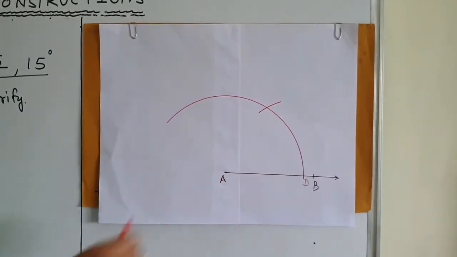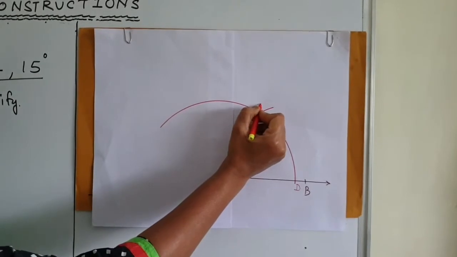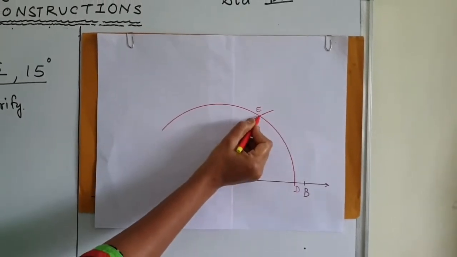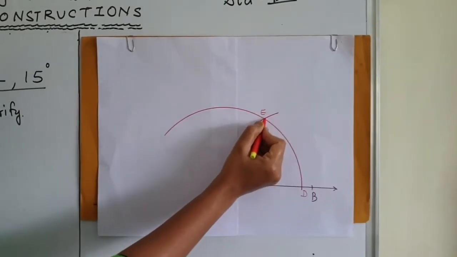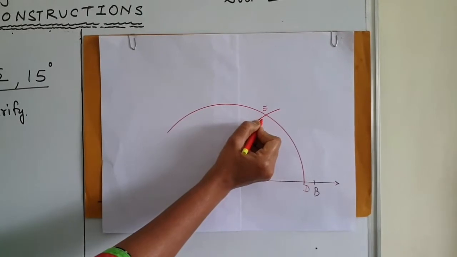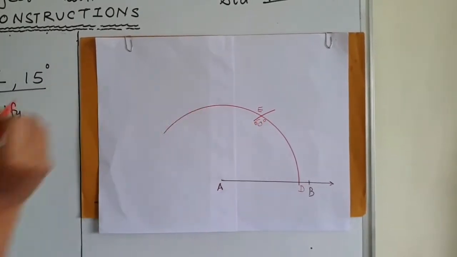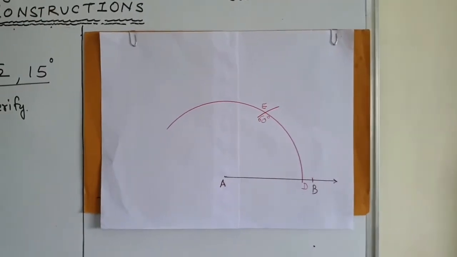The intersection point we can name E. If we join this point to the initial point, we get an angle of 60 degree. So this is how this whole arc gives a 60 degree angle.